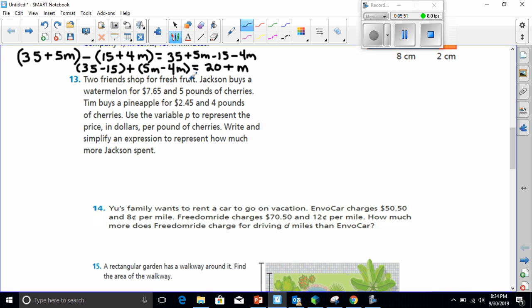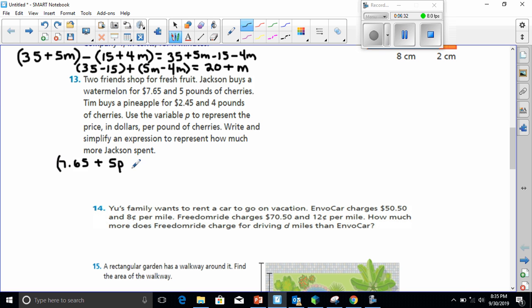Well, let's see, he buys a watermelon for $7.65 and 5 pounds of cherries, and then Tim buys a pineapple for $2.45 and 4 pounds of cherries. So I'm going to start by making my expression. This one would be 7.65. I'm adding, I know there's 5 pounds. I don't know the price, so I'm just going to put p over here.